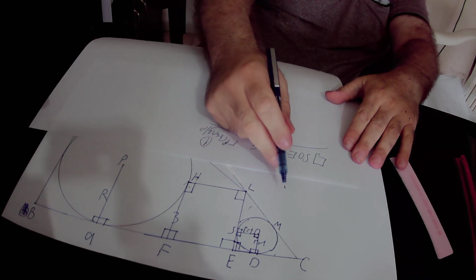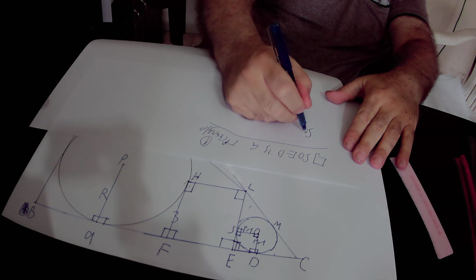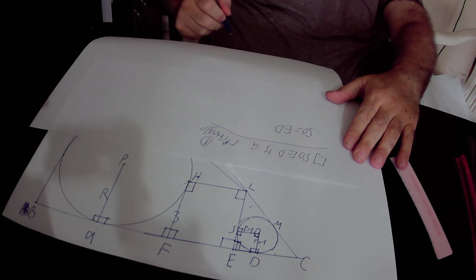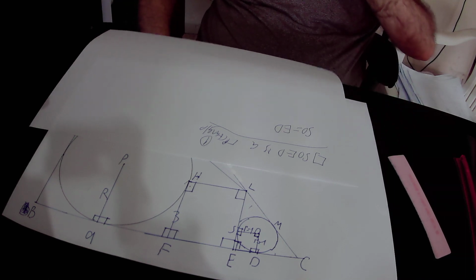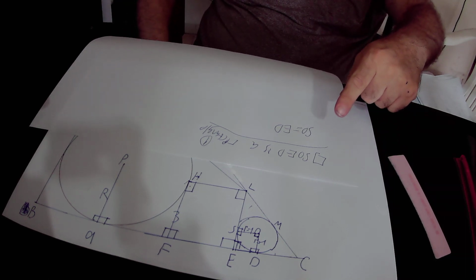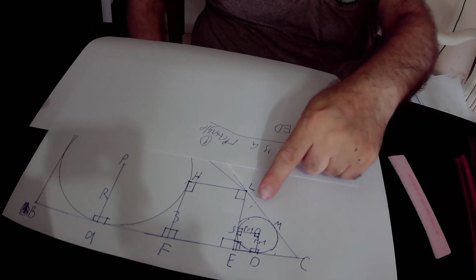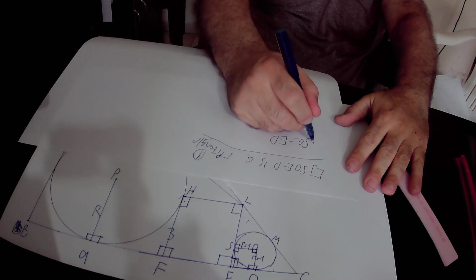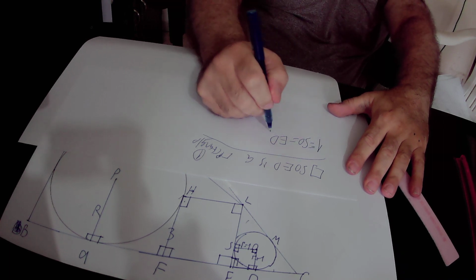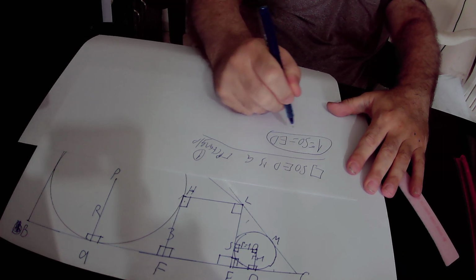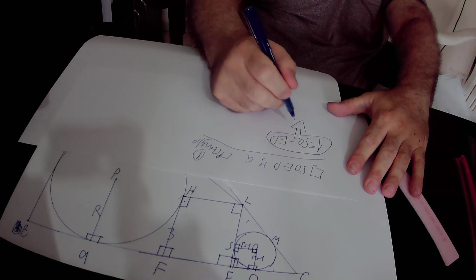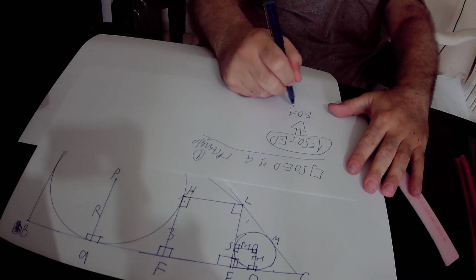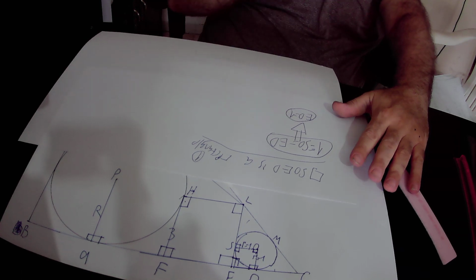That is to say, SO equals to ED. But SO equals to 1 unit. It is the radius of the circle. So we can write here that SO equals to 1. And from this equation, 1 equals to SO equals to ED. We will derive that ED is also equal to 1 unit. Okay?